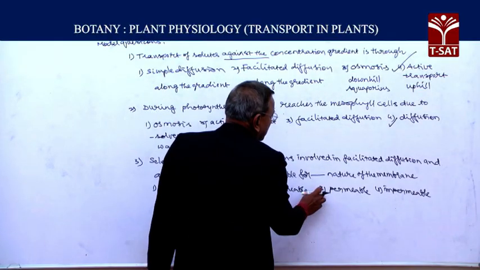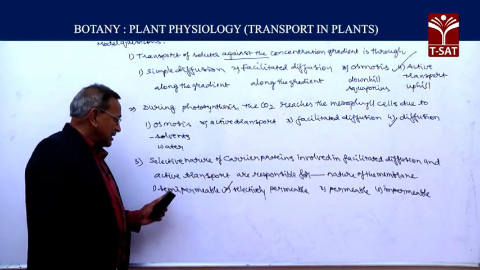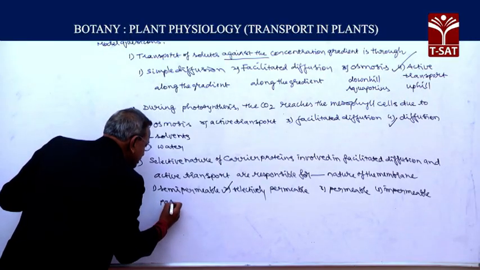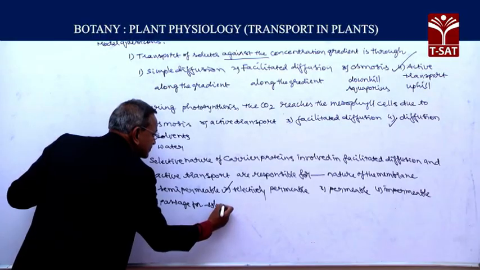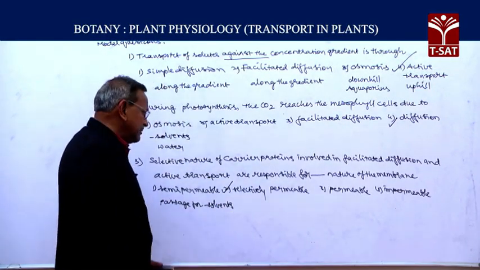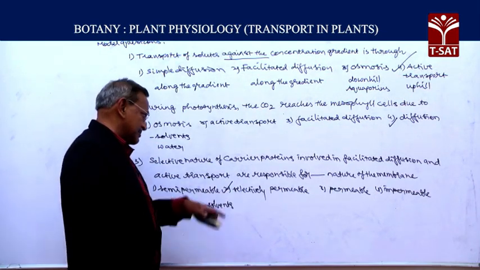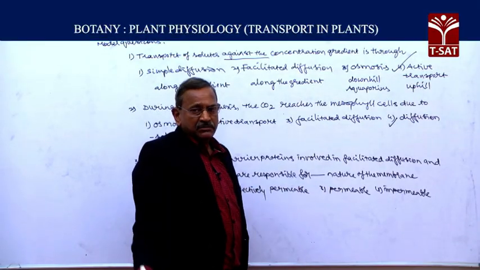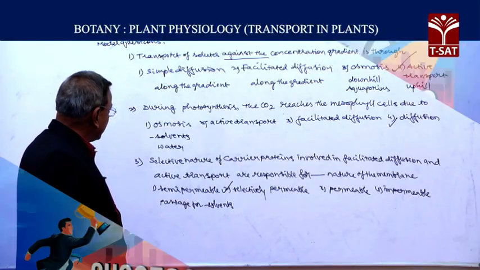Permeable means allowing passage to all. Semi-permeable means allowing passage to solvents. Selectively permeable means allowing transport of some solutes and preventing transport of others, whereas permeable means allowing all, and impermeable means not allowing transport of any kind of solute.